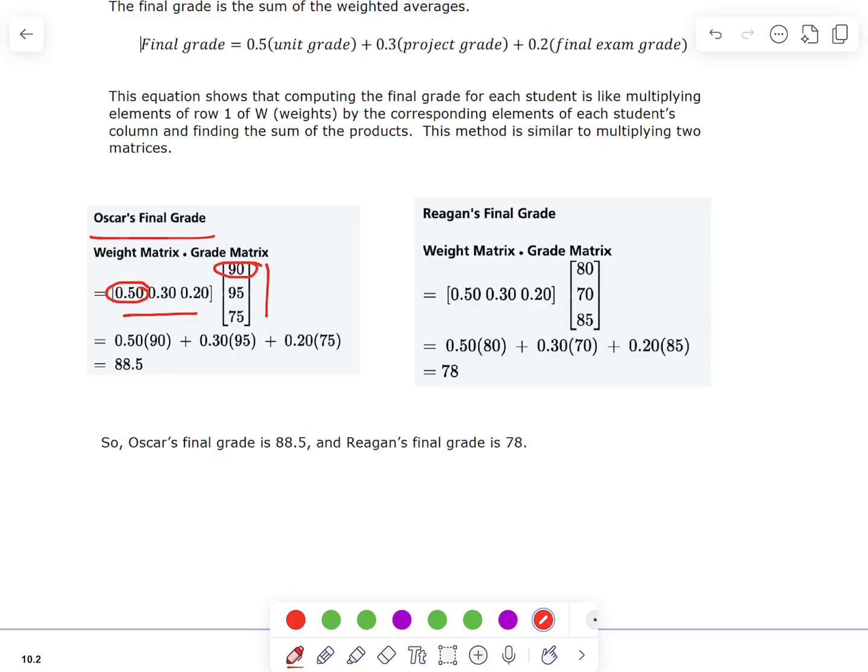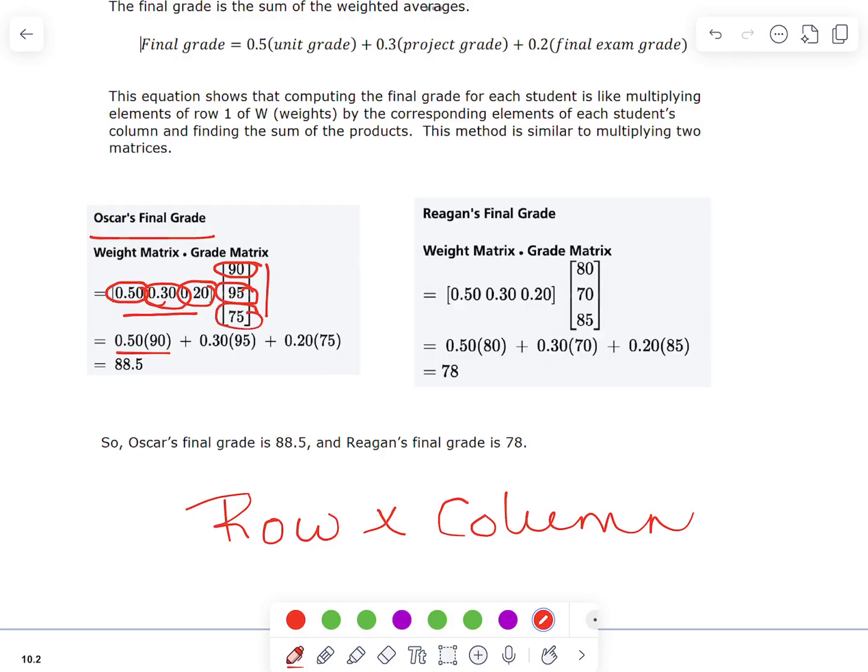We call it row by column. And then we do the second element to the second element, and then the third element to the third element. So you're seeing these being produced right here. And you're going to get Oscar a score of 88.5.